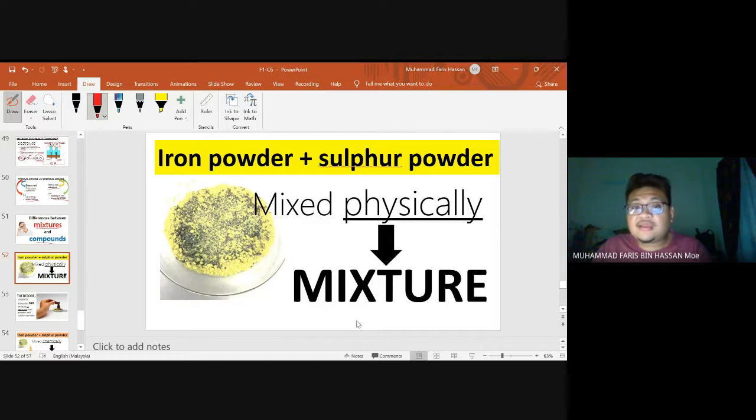This iron powder together with the sulfur powder is called a mixture. The sulfur powder is the yellow one and the black one is the iron powder, still retaining their own characteristics in this mixture.